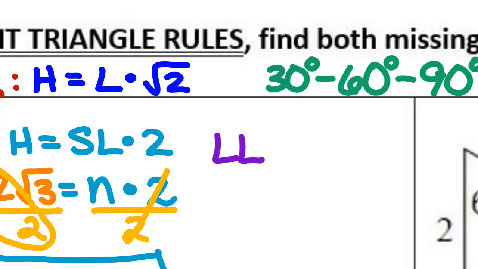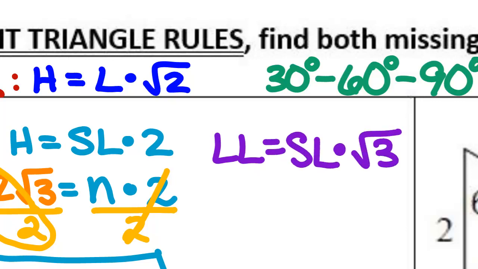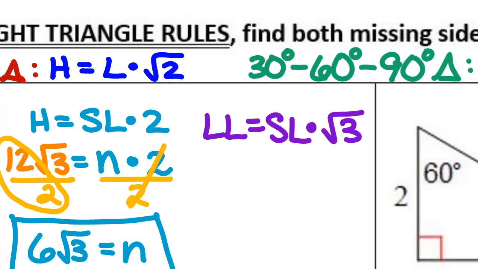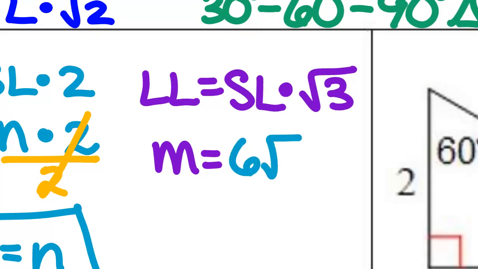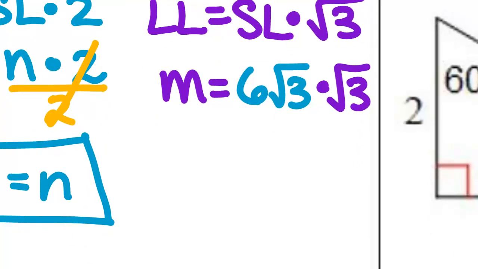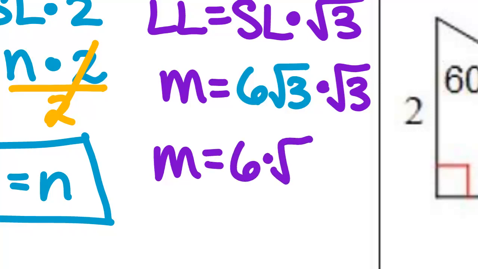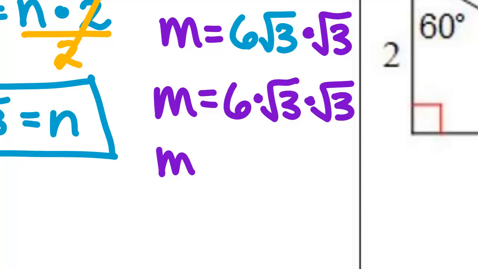The long leg is equal to the short leg times the square root of 3. The long leg they're calling m. We just found out that the short leg is 6 square root of 3 times another square root of 3 to get my long leg. 6 times square root of 3 times square root of 3.